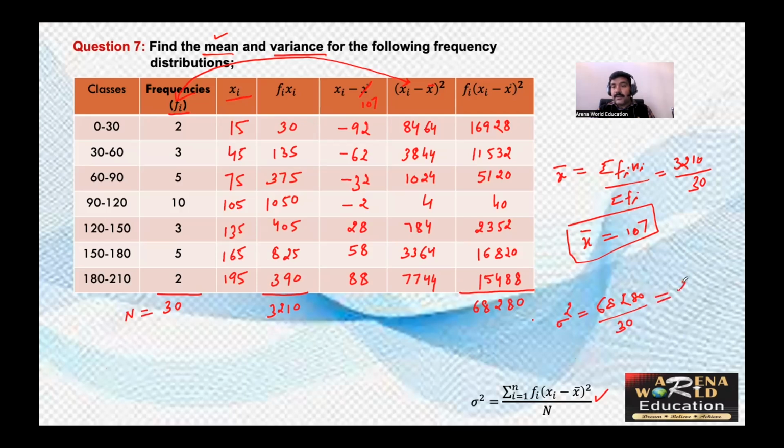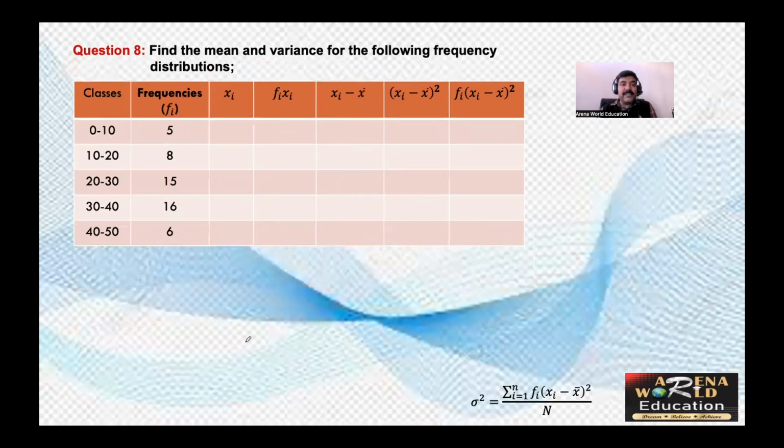It is 2,276. So this is your required variance, right? If you need the standard deviation, suppose in the question you have to find the standard deviation, then the standard deviation will be the square root of 2,276, right?